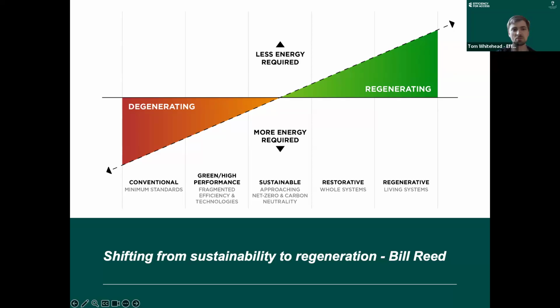Whereas when we get into a more regenerative, renewable approach, we are able to capture and create more of a connected system.